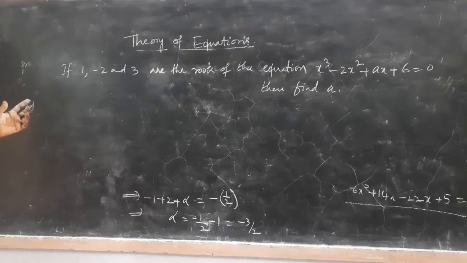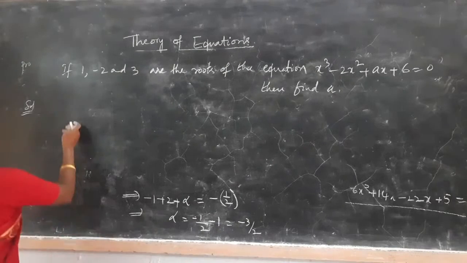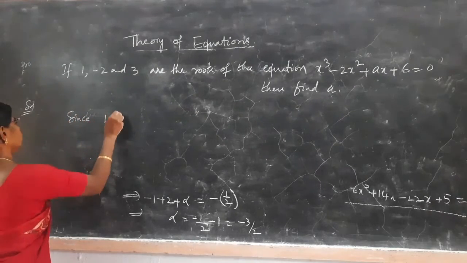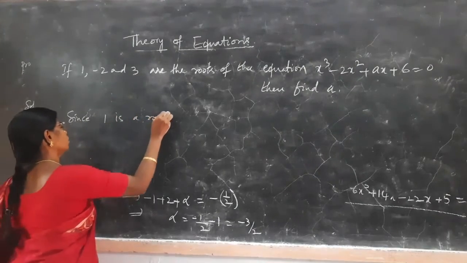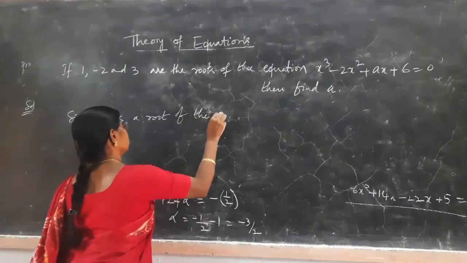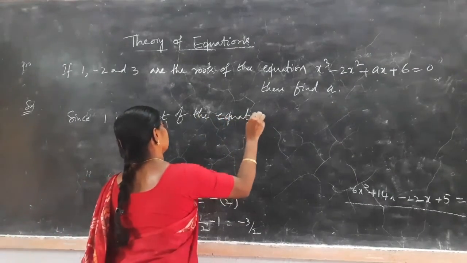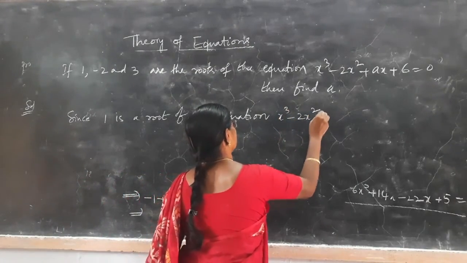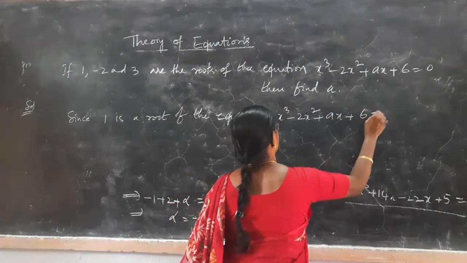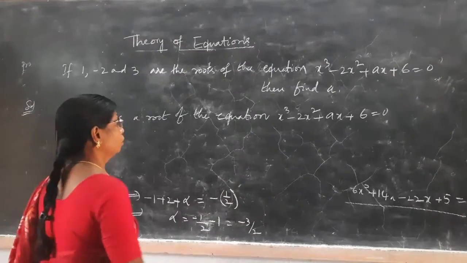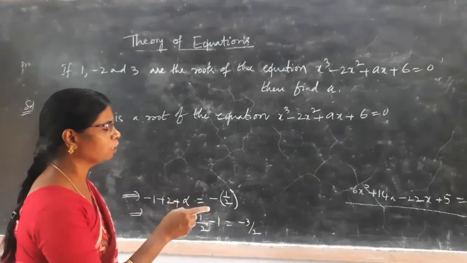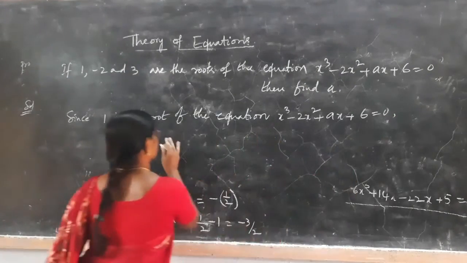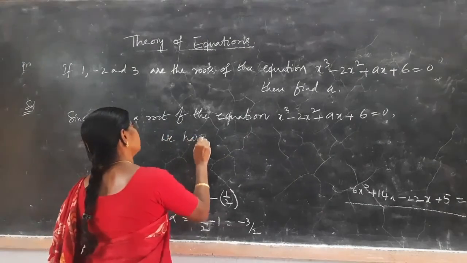If 1 is very simple, since 1 is a root of the equation x cube minus 2x square plus ax plus 6 is equal to 0. Okay? When 1 is the root of this equation, then 1 has to satisfy that equation.